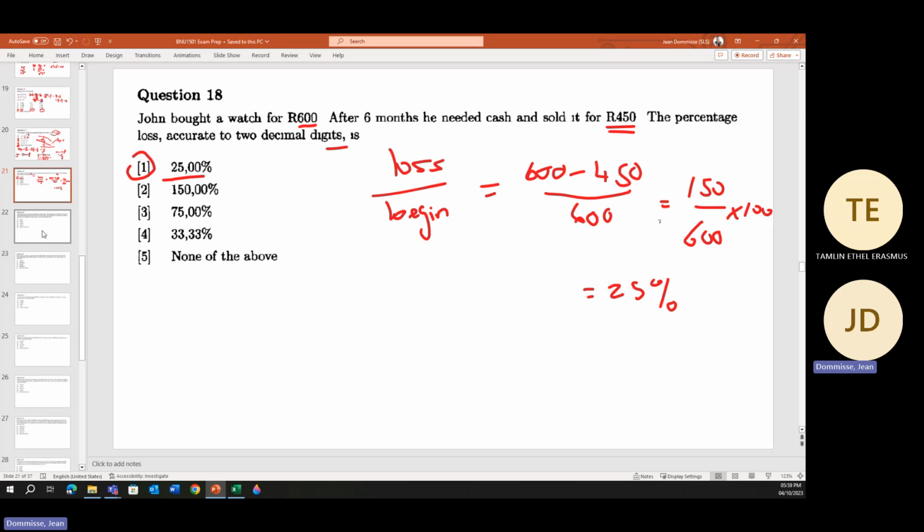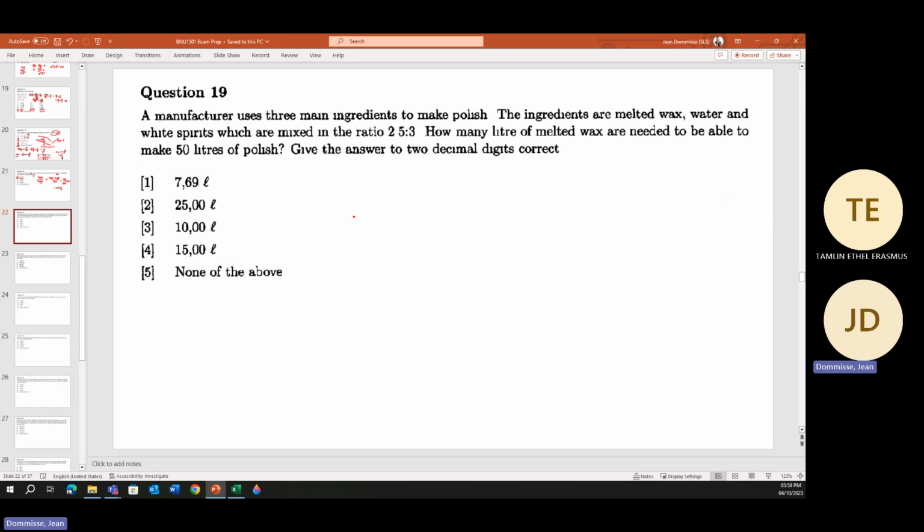Okay, so that is nearly one way we work out a loss or profit, and then you need to translate it into a percentage. What they then can also give you is nearly ratios. So in this instance, they say a manufacturer has 3 main ingredients to make polish. The ingredients are melted wax, water, and white spirits, which are mixed in a ratio 2 to 5 to 3. How many liters of melted wax?